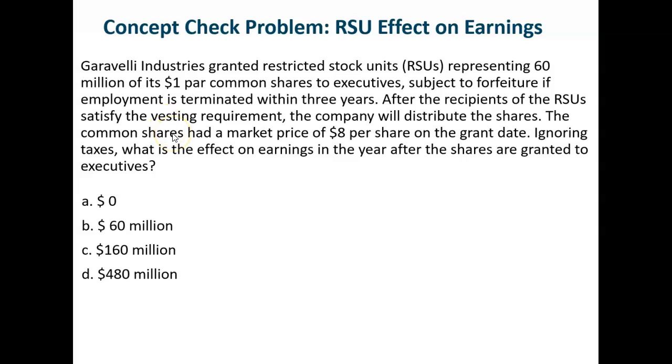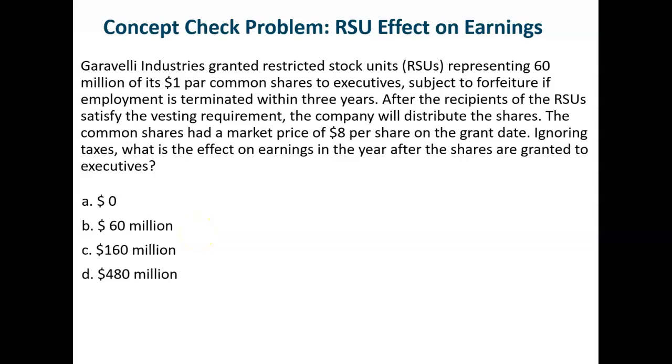The common shares had a market price of $8 per share on the grant date. Ignoring taxes, what is the effect on earnings in the year after the shares are granted to the executives? Is it A, 0, B, $60 million, C, $160 million, or D, $480 million?